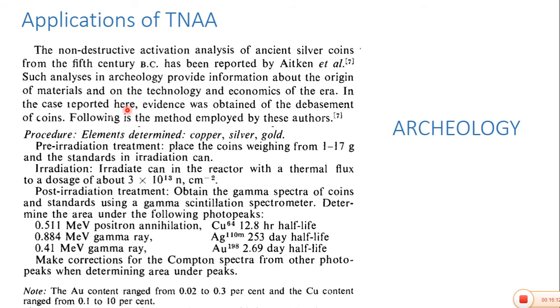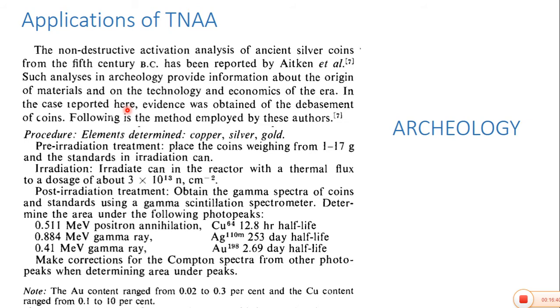The other is, after separation, or if you don't want to separate, you directly come to the measurement of gamma rays, and you will get the gamma spectrogram. Definitely that will give you some peaks, and from those peaks you will compare with standard peaks, and you will be able to calculate qualitatively as well as quantitatively.